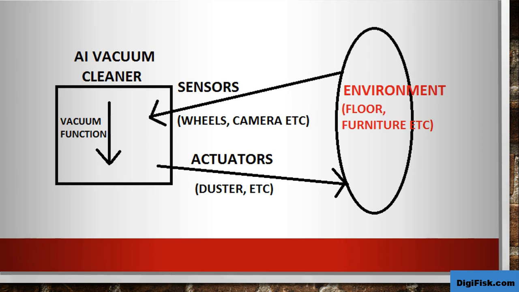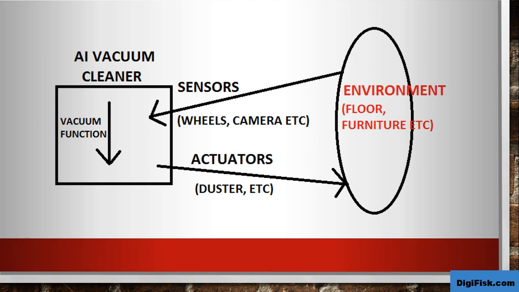So this is how the vacuum cleaner as such would work, similar to how it would if we were to use it. Okay, if we were to physically hold it and move it around, that's how we would move it around. So that's how the vacuum cleaner would automatically move and dust and so on and so forth.